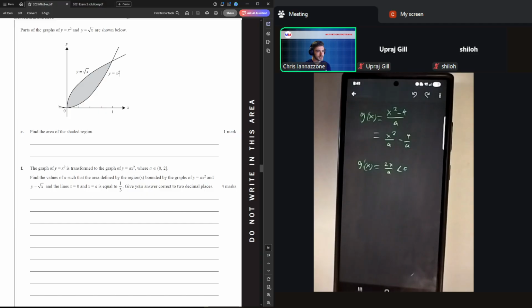We're toggling a between 0 and 2. A is going to be the upper bound as far as the domain is concerned of the bound area. We want to figure out what values of a are going to give a bound area of 1/3, to 2 decimal places.